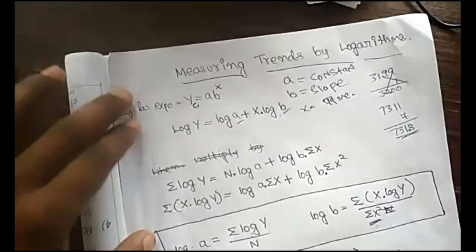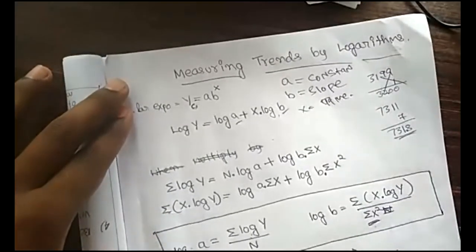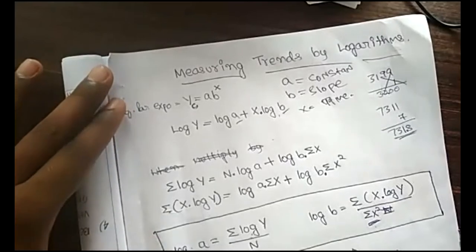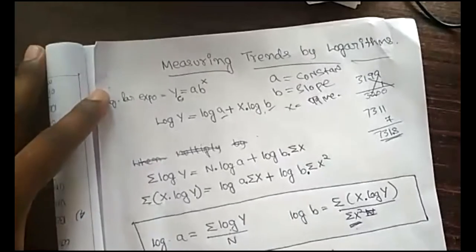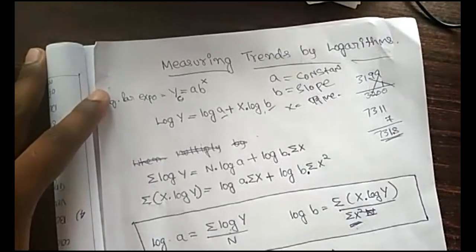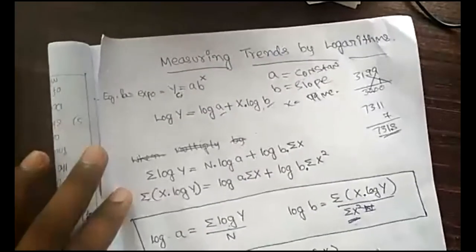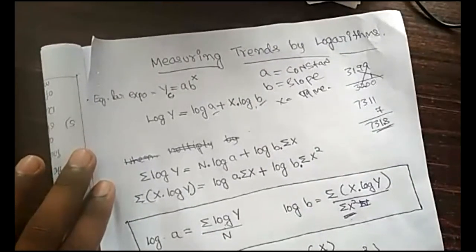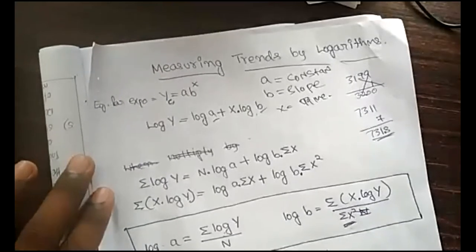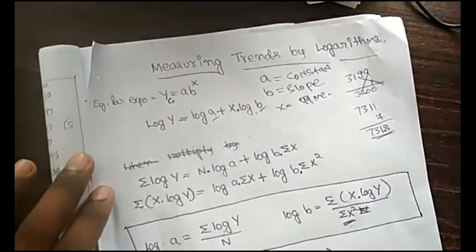Normally we use this one when the nature of the data is non-linear and it may be increasing or decreasing at different rates. If the nature of the data is non-linear, the increasing and decreasing rate is not constant.